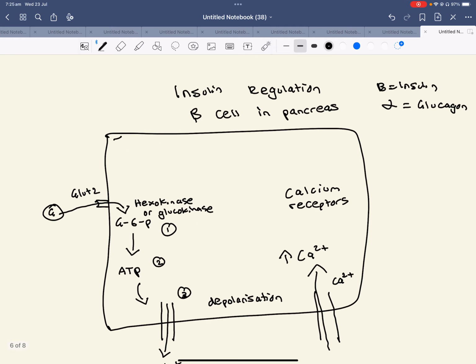And when they register that, vesicles that contain insulin move to the plasma membrane and exocytose their contents. That's insulin regulation.